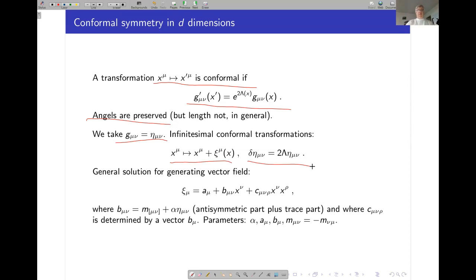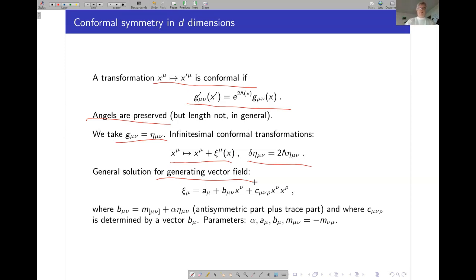One can work out what the general solution for the generating vector field is. And let me stress, this depends on the metric that we choose. If you choose a completely general metric, then there will be no conformal transformations at all. But if we choose a flat background, there will be the maximal number of such transformations. And that's the situation we now analyze.